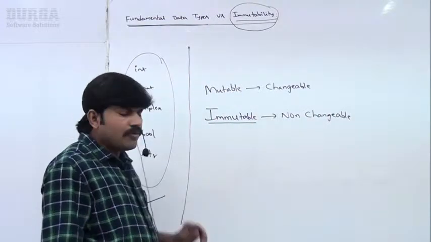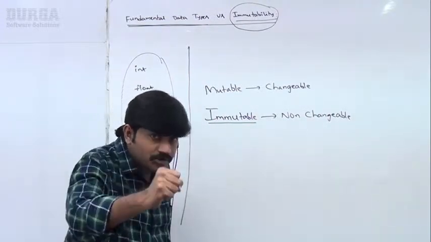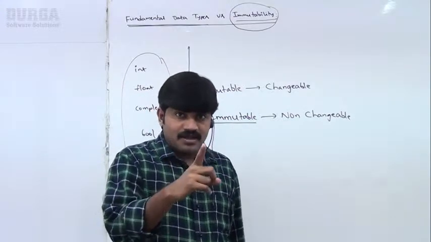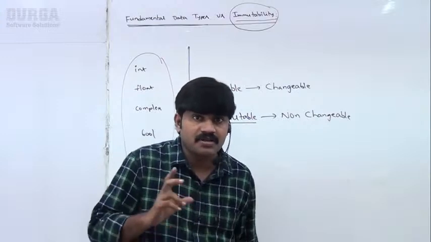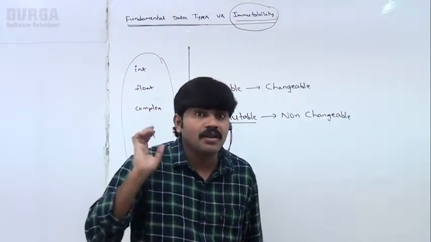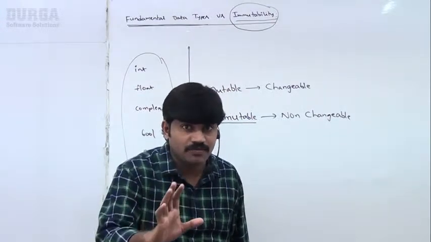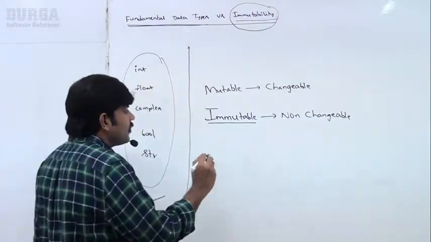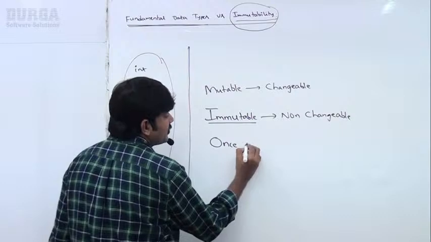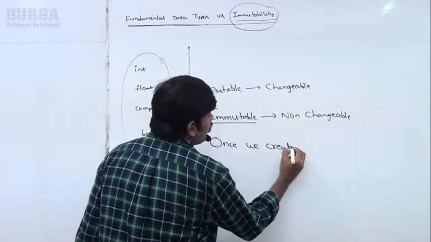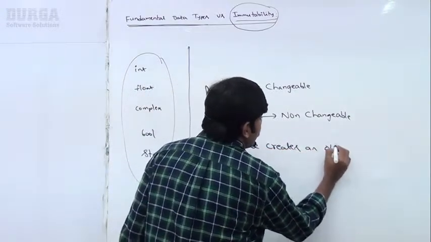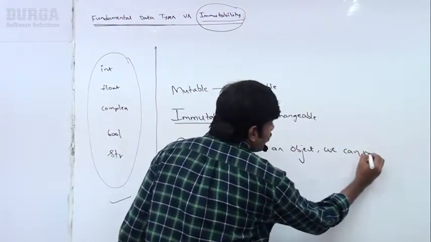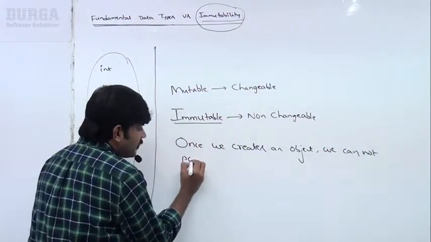Now I want to conclude the most valuable, very important points: all fundamental data types are immutable, non-changeable. What does it mean? What is the meaning of immutability? Once we create an object, we can't perform any changes in that object.